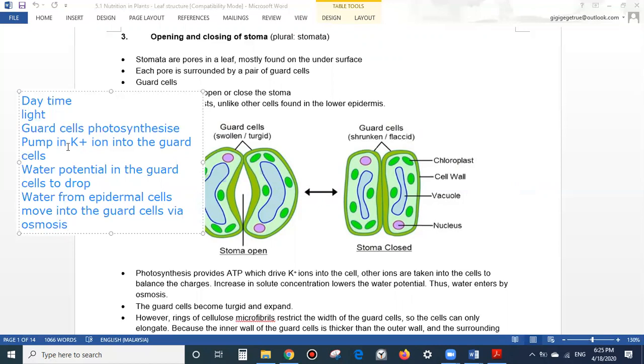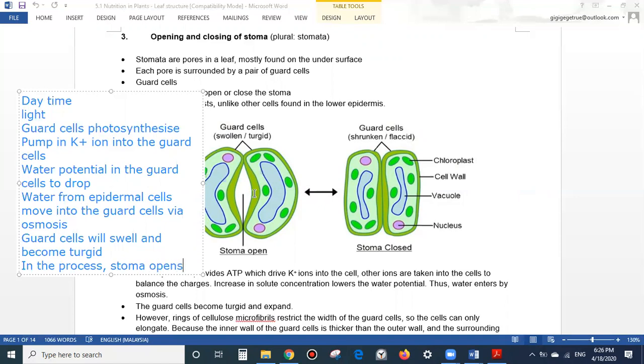So remember, earlier you took in potassium ions, now water moves into you as well. So it will cause the guard cells to become turgid, to swell. And in the process of becoming swollen and turgid, the stoma opens. Okay, you see the cell here has swollen.